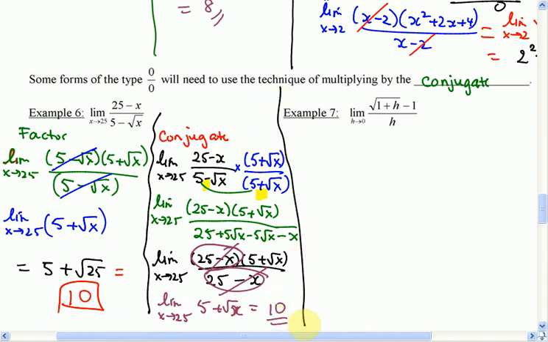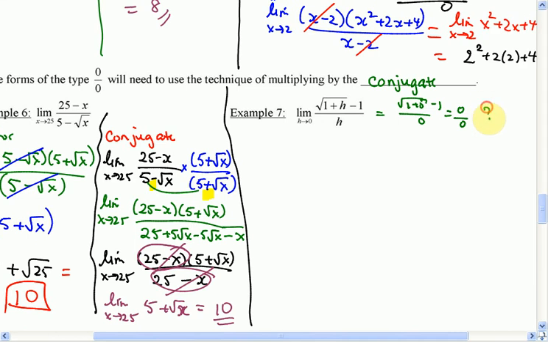Now, example number 7 is one I'd like you to try on your own. I've got this square root, and I'm going to ask you to do this by the conjugate method. Notice if you were to plug in 0 right away, I get 1 plus 0 minus 1 over 0. That's 0 over 0, and that's once again our weird case.